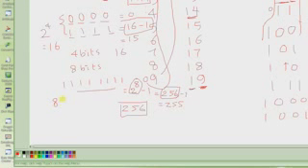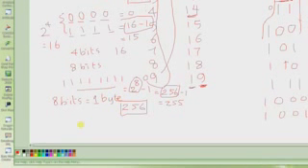This 8-bit location, or 8 bits, is called 1 byte. Whenever I say 1 byte, you should remember that it is 8 bits, and the maximum number that we can write in 1 byte is 255. The smallest number is of course 0.